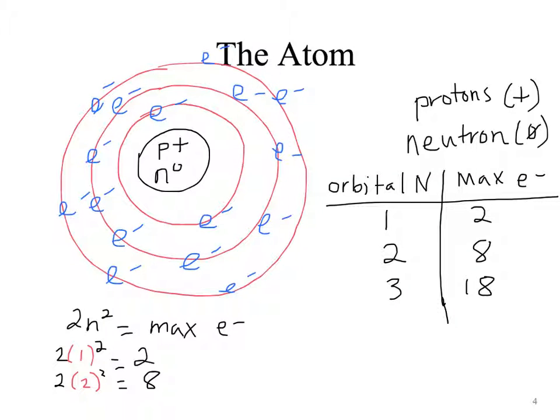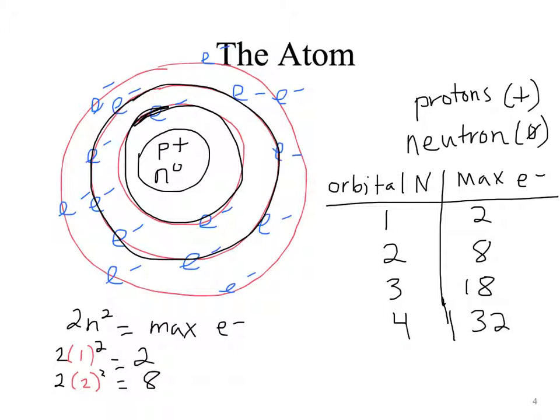If n is 4, you get 32. So what this is saying is that this first orbital right here can only hold 2 electrons. The second one right here can hold up to 8, nothing more than 8. The third one can hold up to 32. So that's how you deal with the orbitals and how many electrons it can occupy.